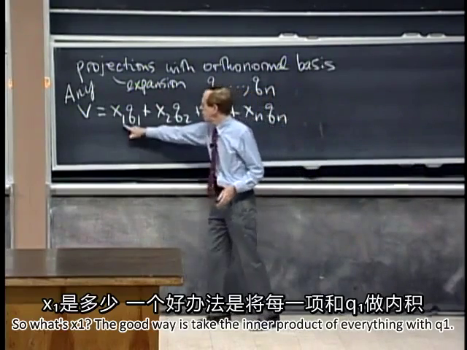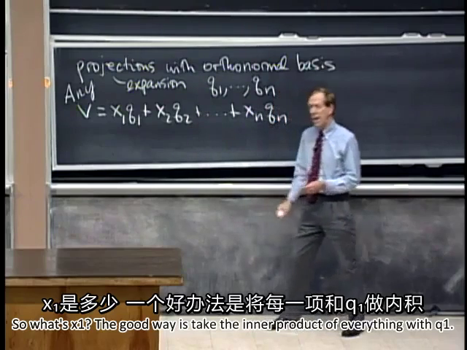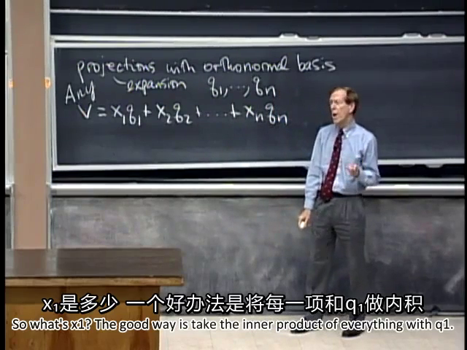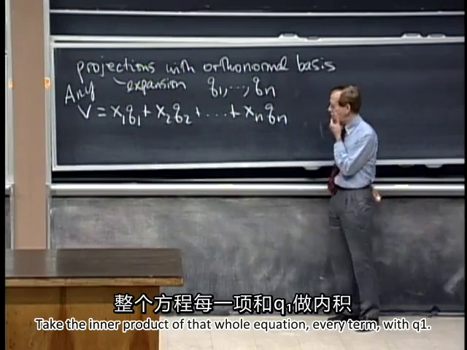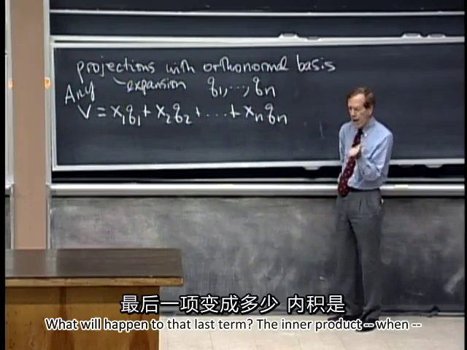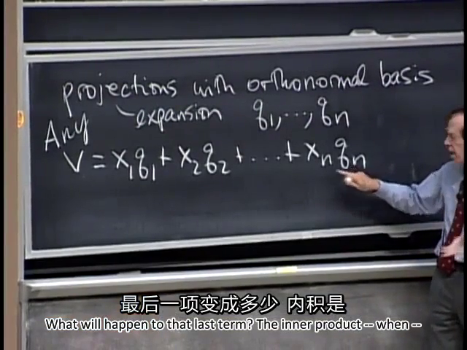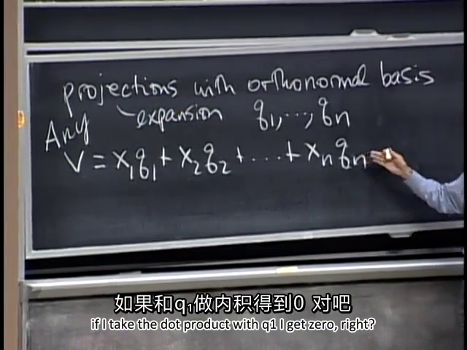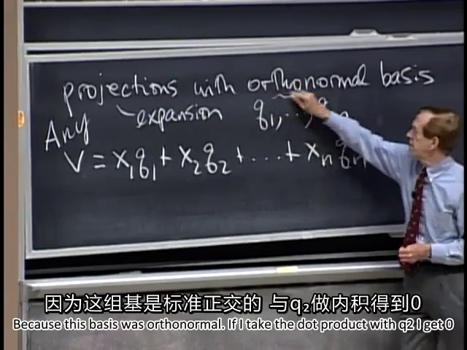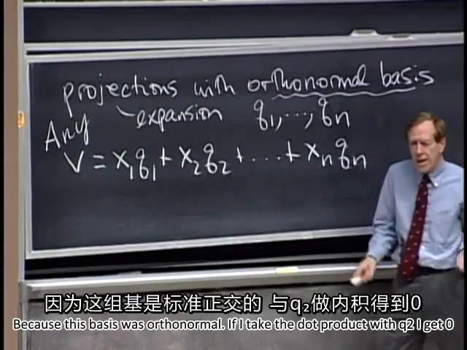Okay, so what's x1? The good way is take the inner product of everything with q1. Take the inner product of that whole equation, every term, with q1. What will happen to that last term? If I take the dot product with q1, I get 0, right? Because this basis was orthonormal. If I take the dot product with q2, I get 0.